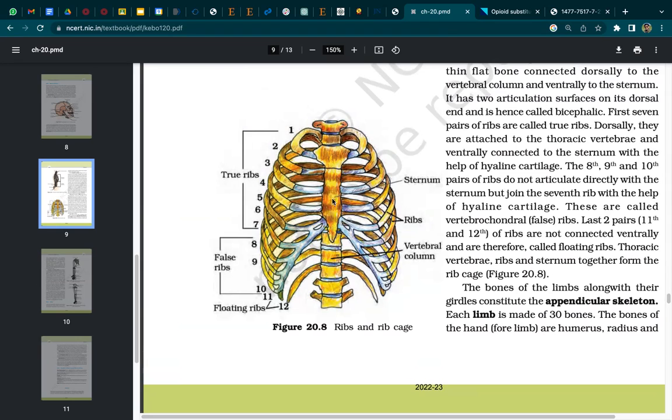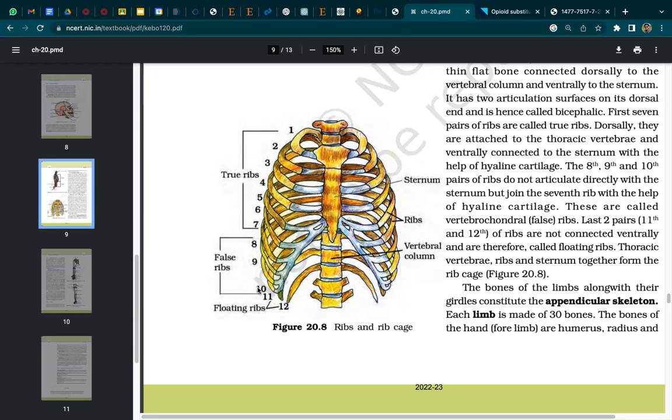At the back there is the vertebral column. But only 10 out of these 12 are connected to the sternum. If you count 1, 2, 3, 4, these 7 are connected completely, so they are called true ribs. 7 out of 12 are called true ribs.